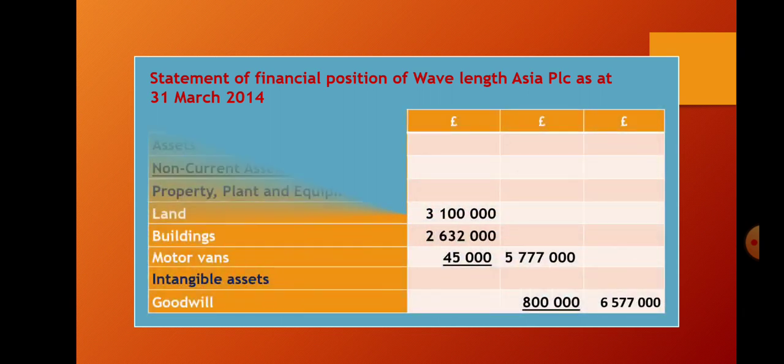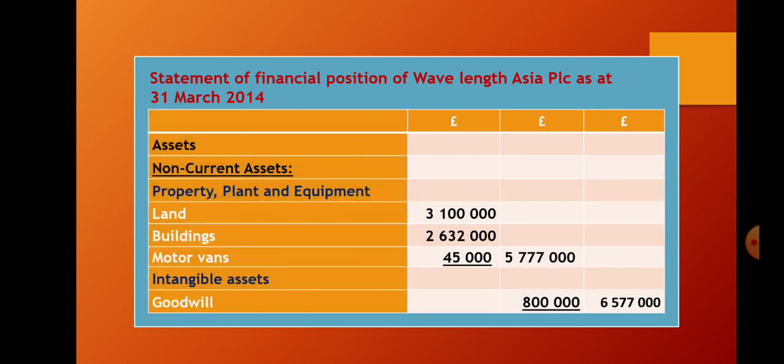Okay, let us start with the statement of financial position. In the statement of financial position, first, we need to write the heading as I told you. Statement of financial position of Wavelength Asia PLC as at 31st March 2014. That is very important. Then coming to the format, you need to write the headings also, like assets.